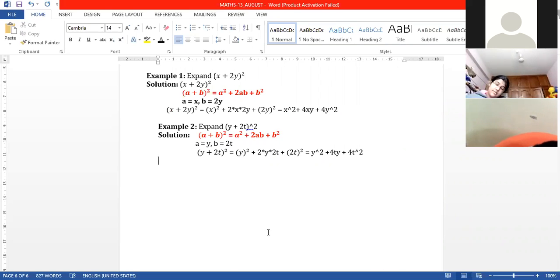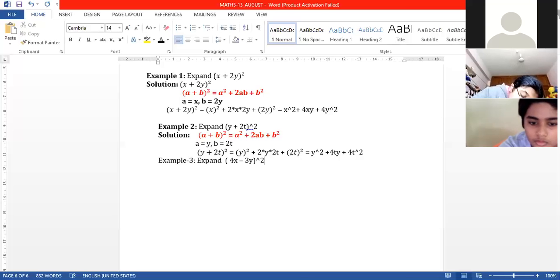Next, example 3. Expand 4x minus 3y whole square. Hold on everyone. Example 3.